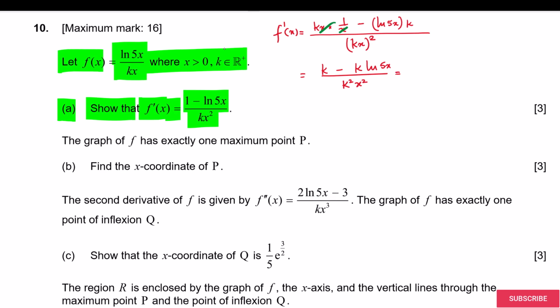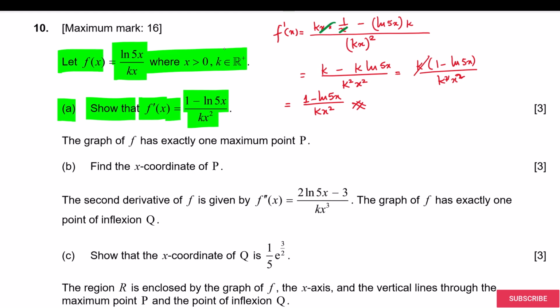And now, taking k common, factoring it out from the numerator, it is going to be 1 minus ln 5x over k squared x squared. So we can cancel one k from numerator and denominator, and finally we will get 1 minus ln 5x over k x squared. So that's the answer for the A part.